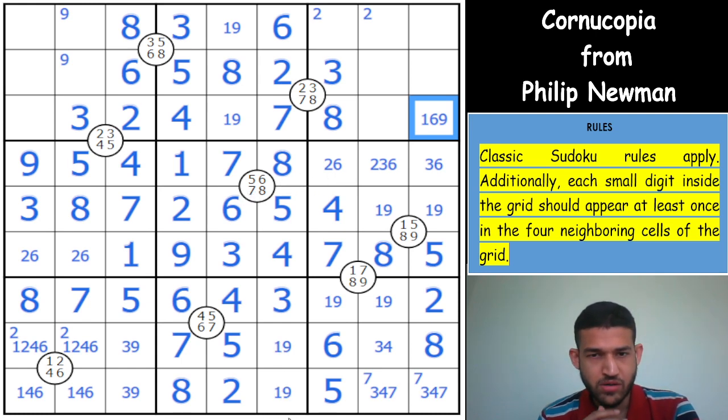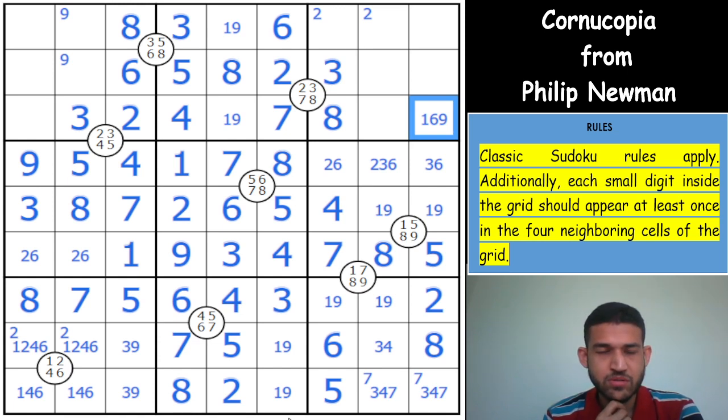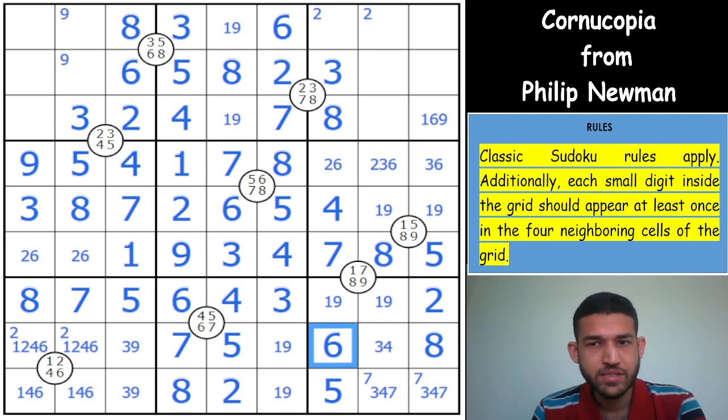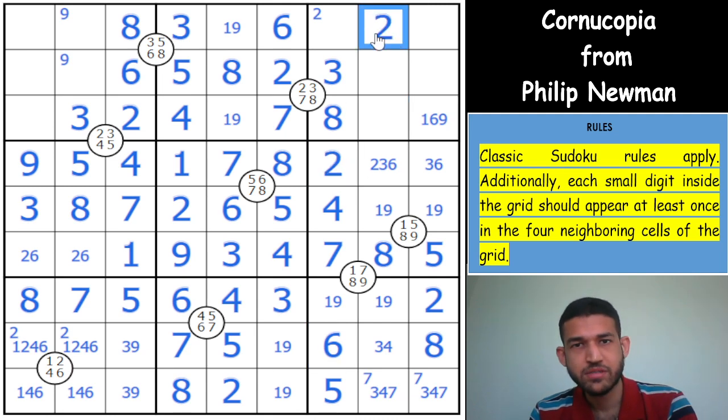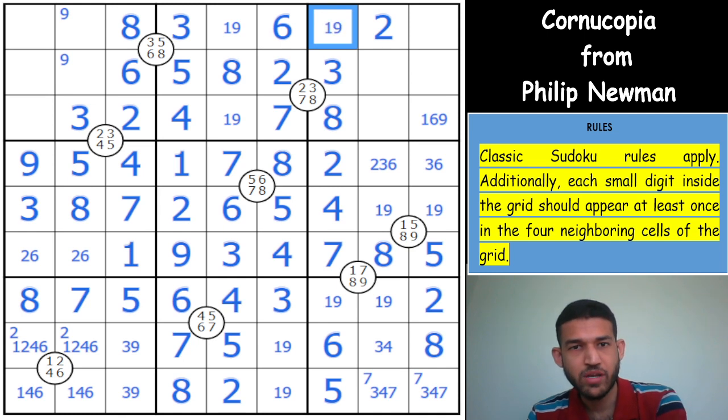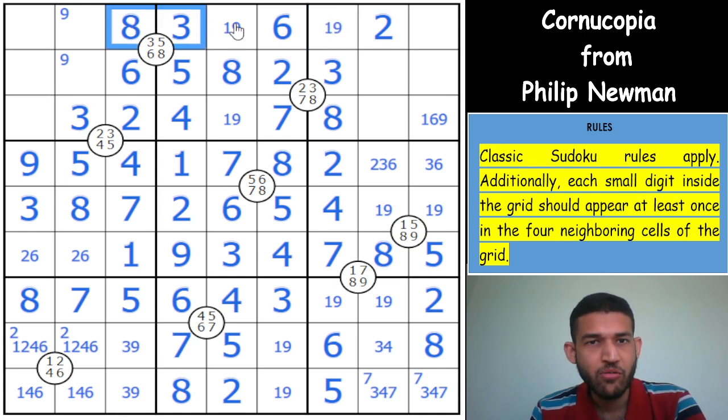Still not yet over. Okay, so you have a 6 here, so that's a 2, which means this would be a 2, and that has to be 1 and 9. So I have a 1 9 pair in this row.